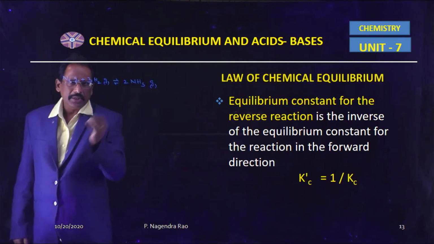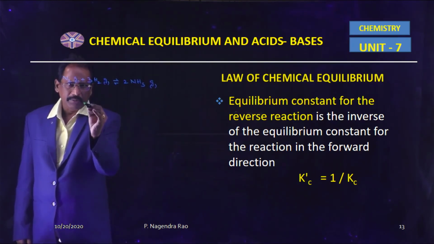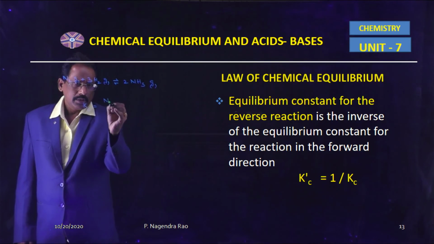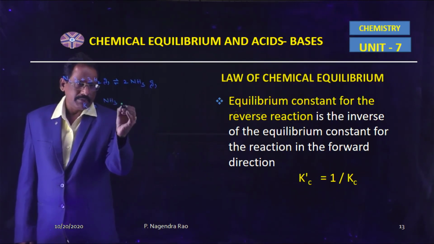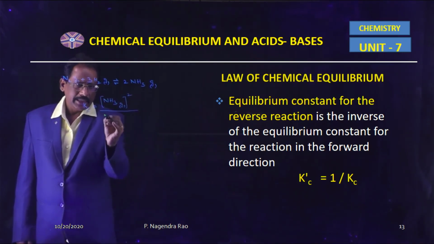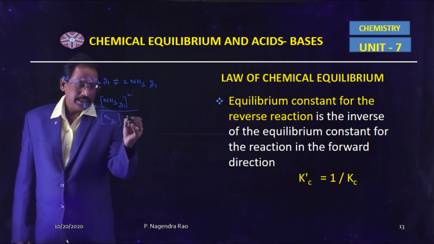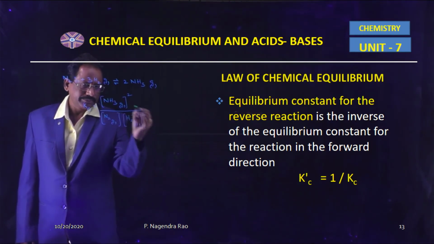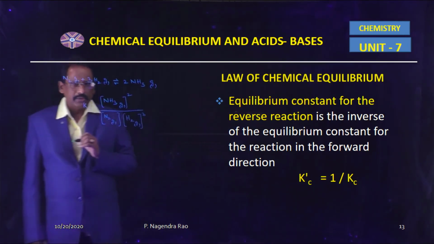For this reaction, according to the law of chemical equilibrium, Kc is equal to the active mass of ammonia raised to the power 2 divided by the active mass of nitrogen gas into the active mass of hydrogen gas raised to the power 3. It has some constant value.